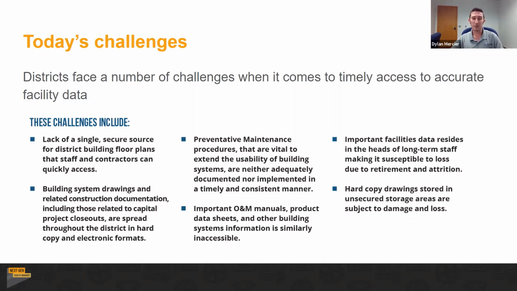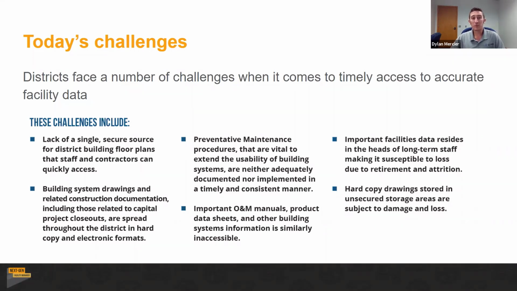Having all your O&M manuals, product data sheets, all of that in one spot. A lot of times when you're working on a PM, or even if you're troubleshooting a piece of equipment, you see it time and time again. Guys are trying to search up PDF manuals on their phone or a tablet, going through the Google search, weeding through manufacturers' websites.